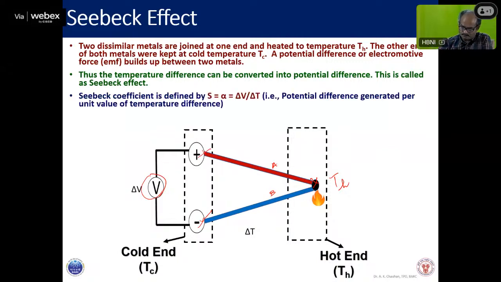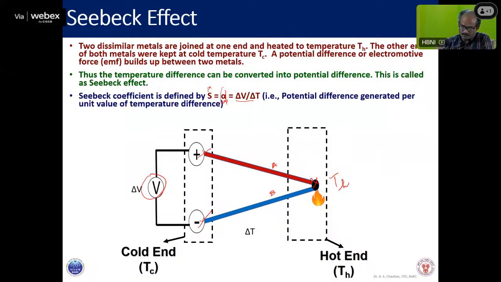If we divide this potential difference by the temperature difference, then it is called the Seebeck coefficient. So we can define the Seebeck coefficient as delta V by delta T. In some books it is S, in some books it is alpha. In older texts the Seebeck coefficient was defined as S. Nowadays we normally use alpha, so we will use alpha in the further discussion.